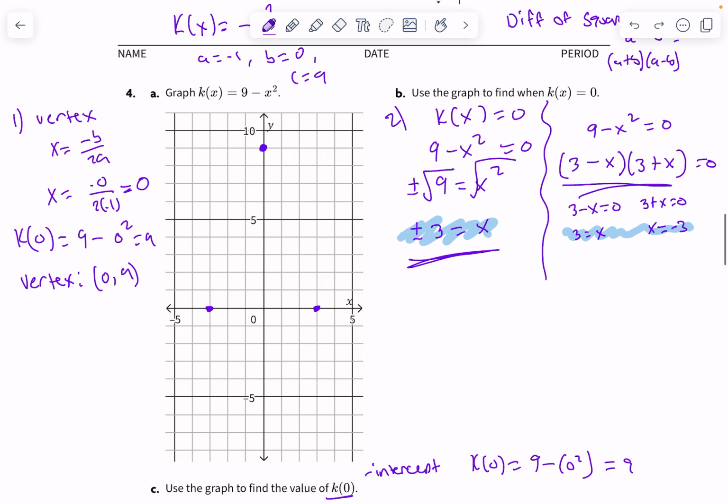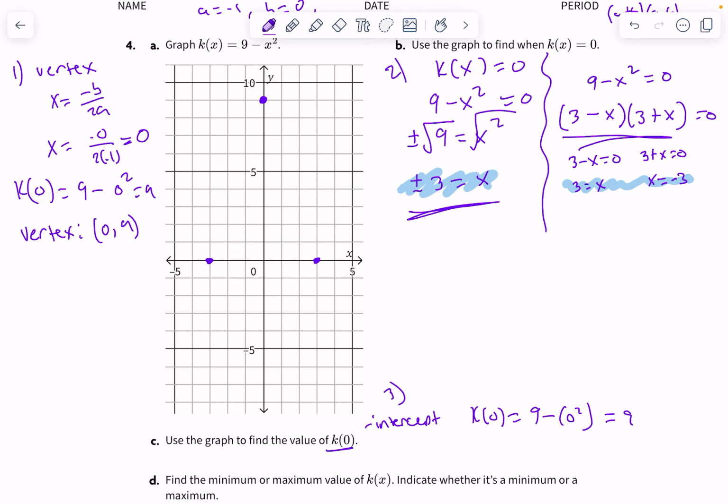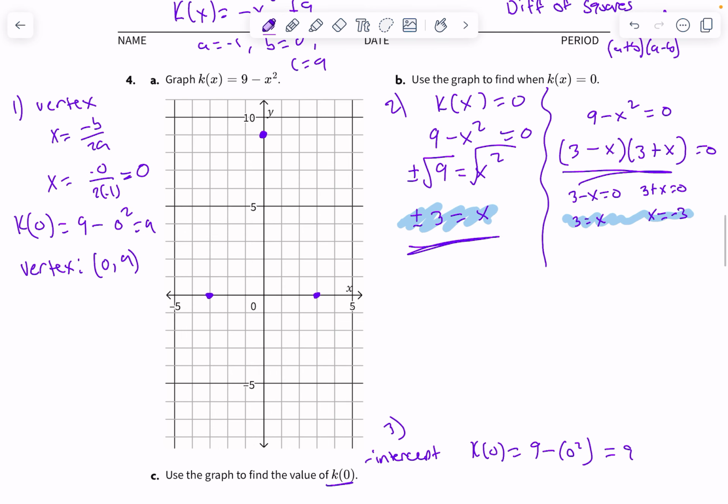And why is that? Because we figured it out. This was the vertex, right? If the vertex is the very top, how come I don't have points like that? Why not? Because where are the roots? The roots are over here, right? So this means that this has to be the what? Maximum, right? Or just the vertex has to be there, right?